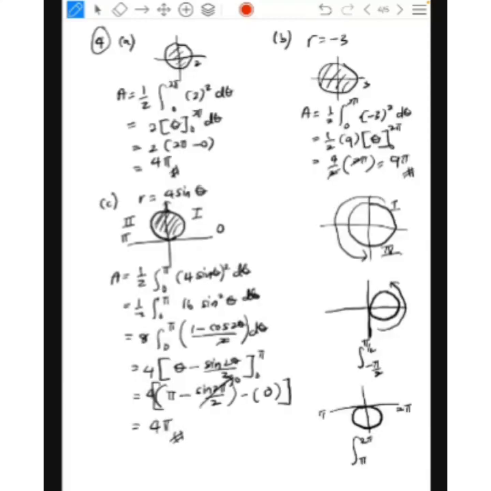Okay, let's look into questions 4A, B, C. Oh, sorry, this is 4A. Everything is 4A, because these are the 3 questions. And for B, it is determined by the quadrant.